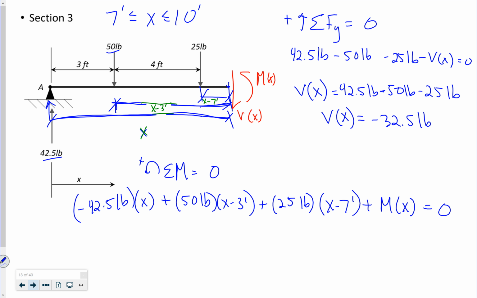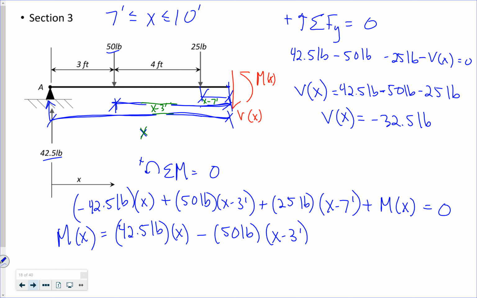So if I solve for my moment, I get 42.5 pounds times x minus 50 pounds times x minus 3 feet minus 25 pounds times x minus 7 feet. If I add all my x's up, I get 42.5 minus 50 minus 25.